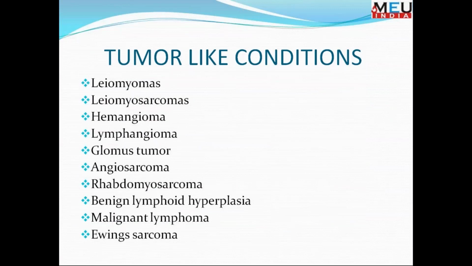A number of other tumor-like conditions we will not take up in detail, but they are also there, like leiomyomas, leiomyosarcomas, hemangiomas, glomangiomas, glomus tumor, angiosarcoma, rhabdomyosarcoma, benign lymphoid hyperplasias, malignant lymphomas, and even sarcomas.